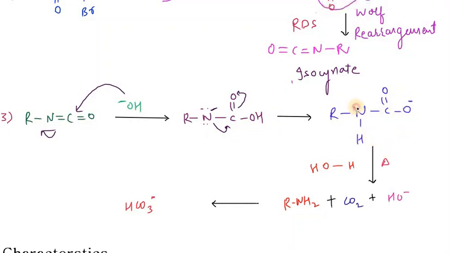The lone pair on the nitrogen attacks that hydrogen, deprotonates the water and generates a hydroxide ion, and at the same moment CO2 leaves. Now there is a formation of 1 degree amine, CO2 and hydroxide ion, and they together react to form HCO3-.